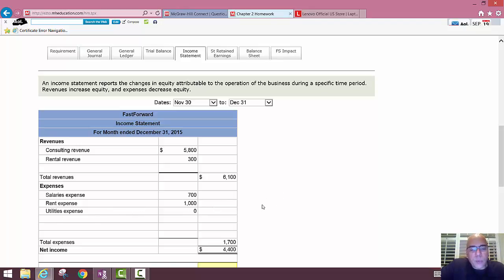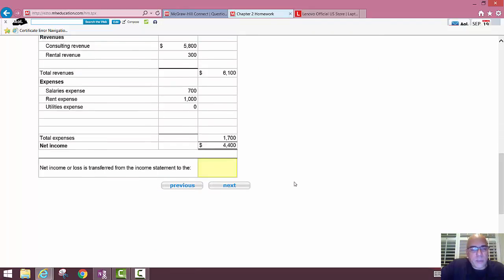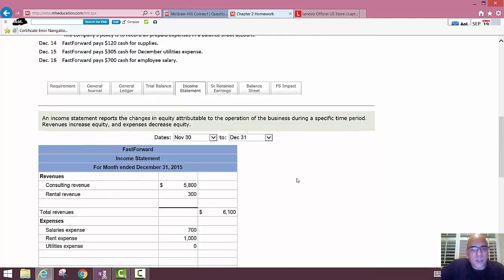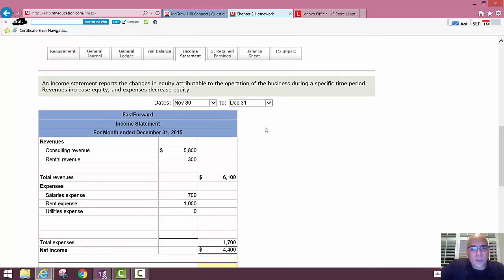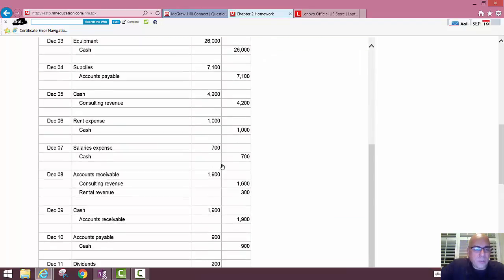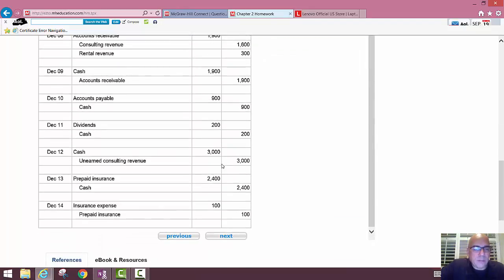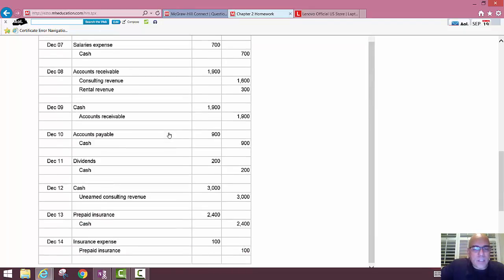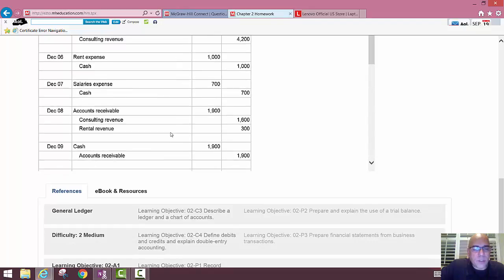The reason they're not showing it here is because the ultimate solution didn't contemplate accruing that insurance expense until December 31st. And in this example, even though they're showing to December 31st, the transactions in the general journal only went up to I think the 16th. So they're not going to provide that for us to show us how that would look.